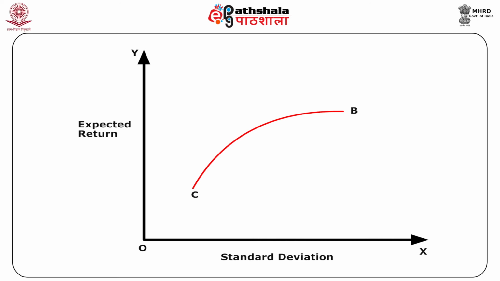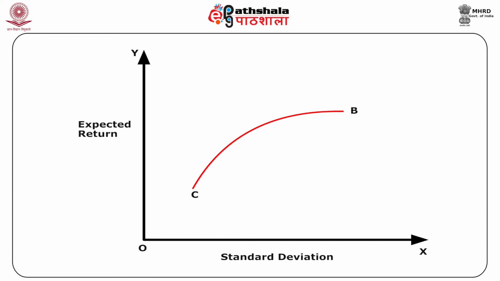X and Y measure respectively the standard deviation and the expected return, where CB represents the efficient frontier, where C is the minimum variance portfolio and B is the maximum return portfolio. The portfolios lie on the same efficient frontier and represent the set of efficient portfolios which investors would prefer to hold.